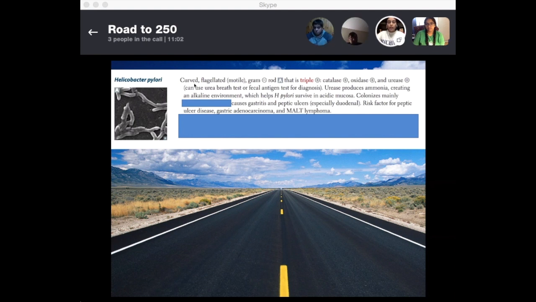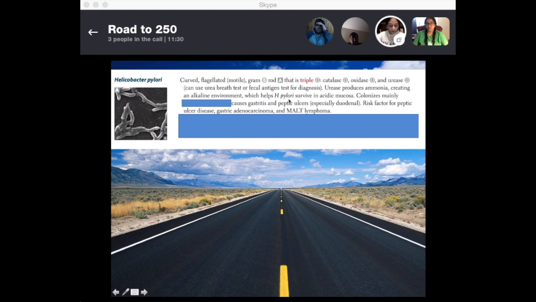The importance of the urease positive and why the urea breath test can be used is that urease produces ammonia, and that creates an alkaline environment, which helps the H. pylori thrive in the mucosa. So if it's detected in the breath test, we can almost use it as a diagnostic.